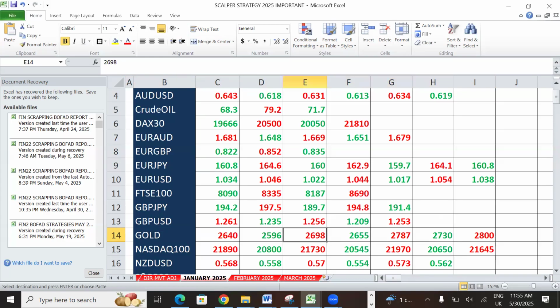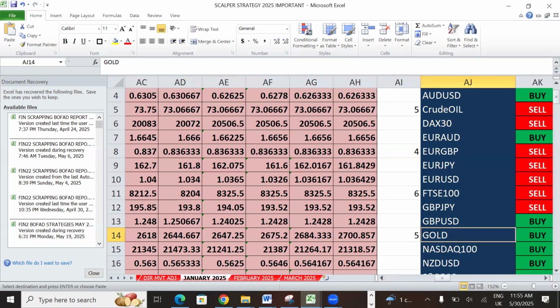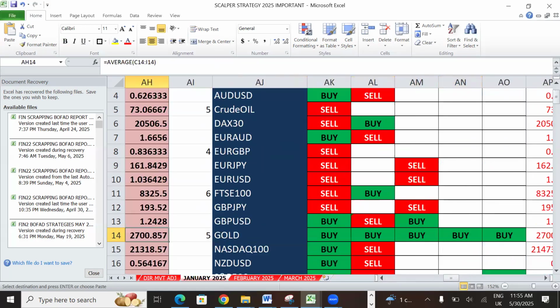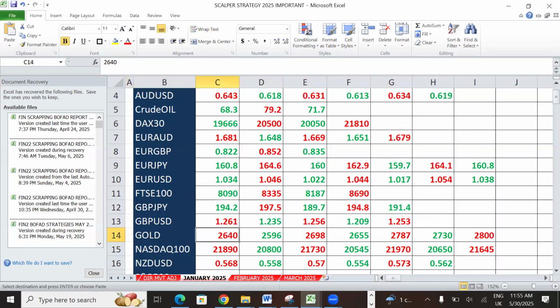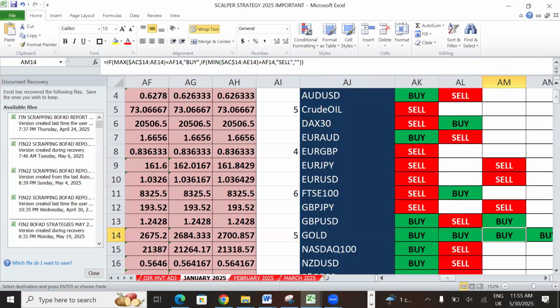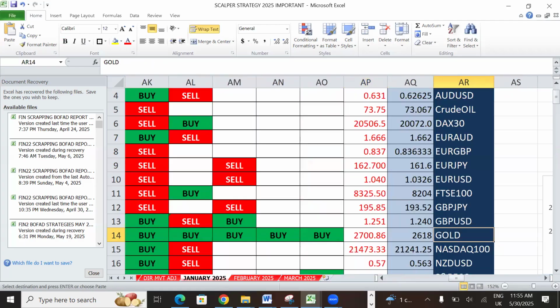Even at this point, all these positions were buy, the market was still a good buy as far as the price is below 2,700. Can you see? So in these 1, 2, 3, 4 positions at the end of the day, these were good buy opportunities. Okay, so that is how it works.